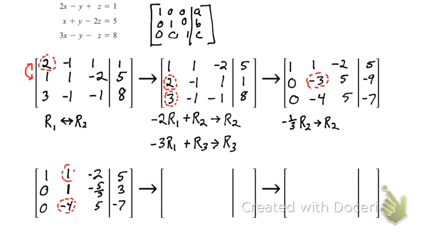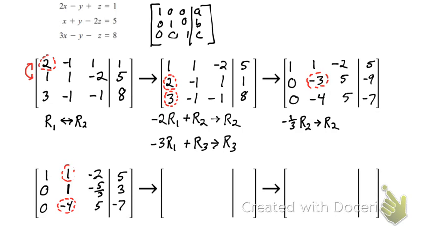I need to turn this 1 into a 0. So once again, I'm just asking myself, what do I multiply 1 by to create a 0 pair with that 1? And that's just going to be a negative 1. Negative 1 times 1 plus 1 is going to equal 0.